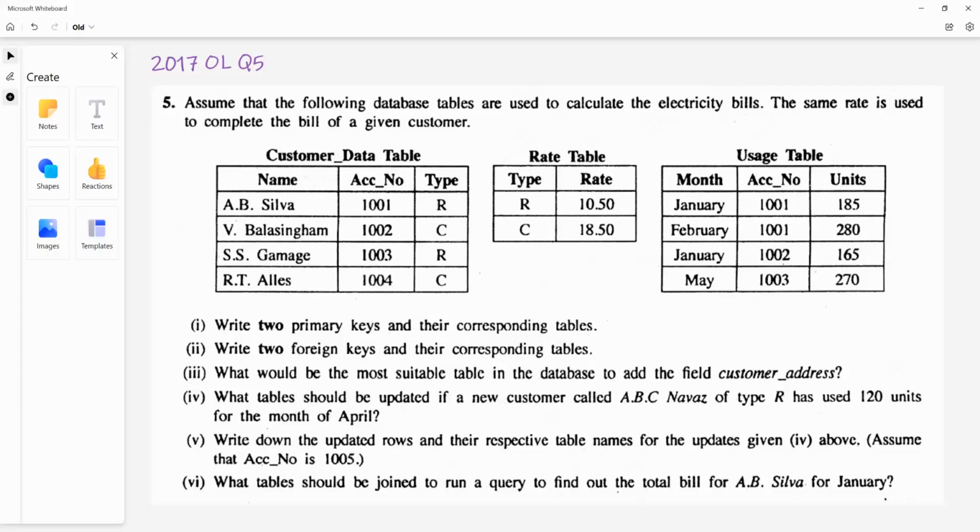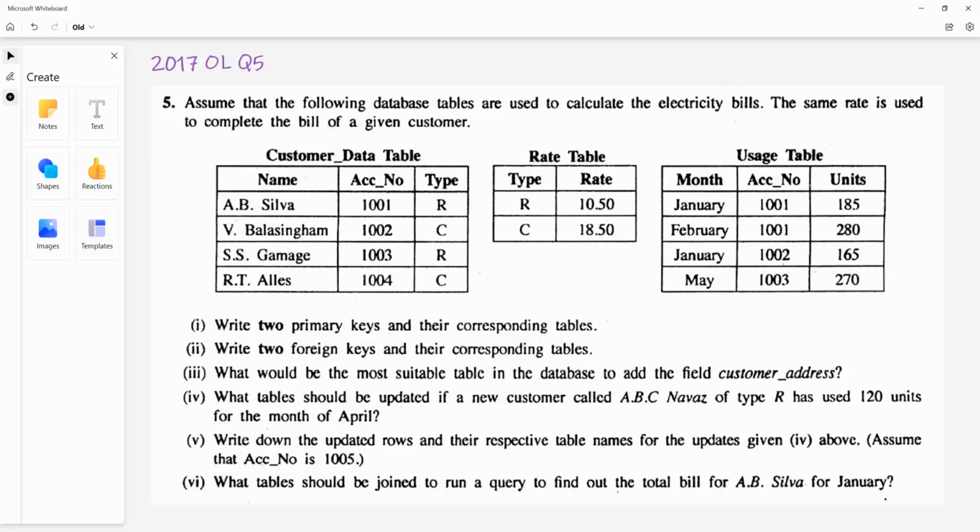Yes, what are the answers? Okay, Yunal gave me the answers for all the tables.